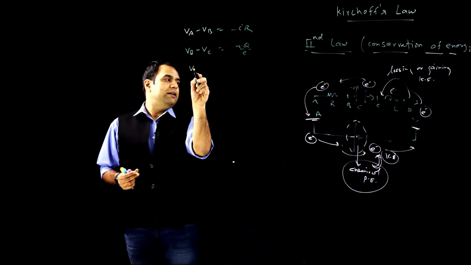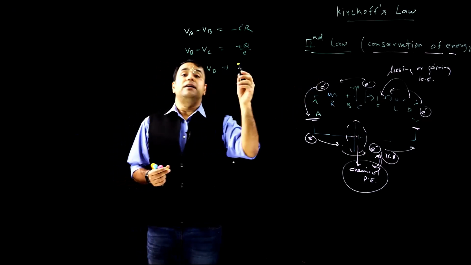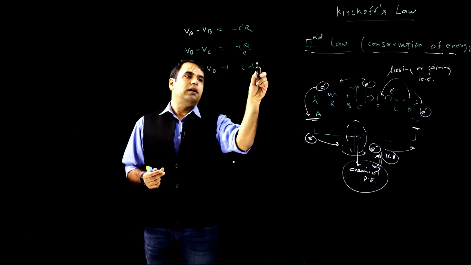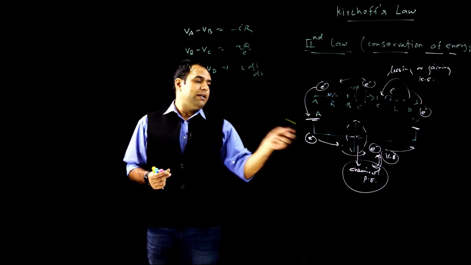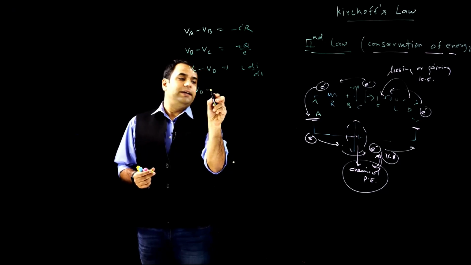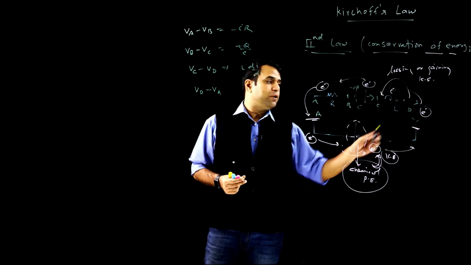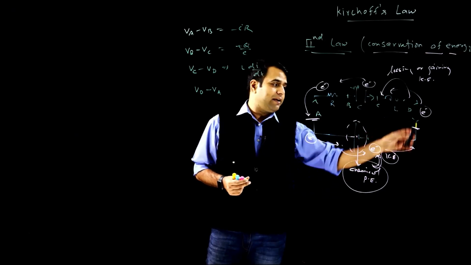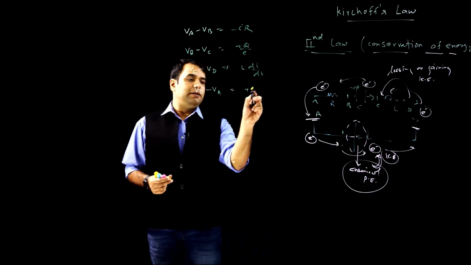And then you calculate VC minus VD. You can calculate that as L dI by dt. I'm not concerned right now with the right hand side. And then you calculate VD minus VA. When you move from this point to this point, there is no potential difference, because there is no electrical element there. But once you cross this battery, there is an element.